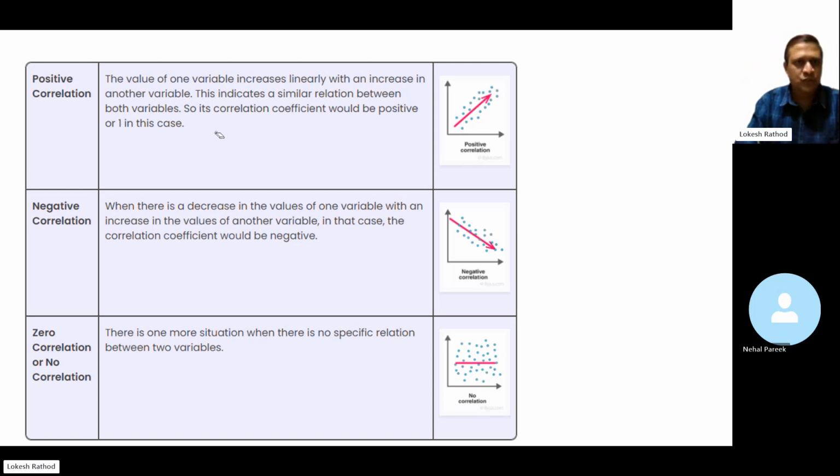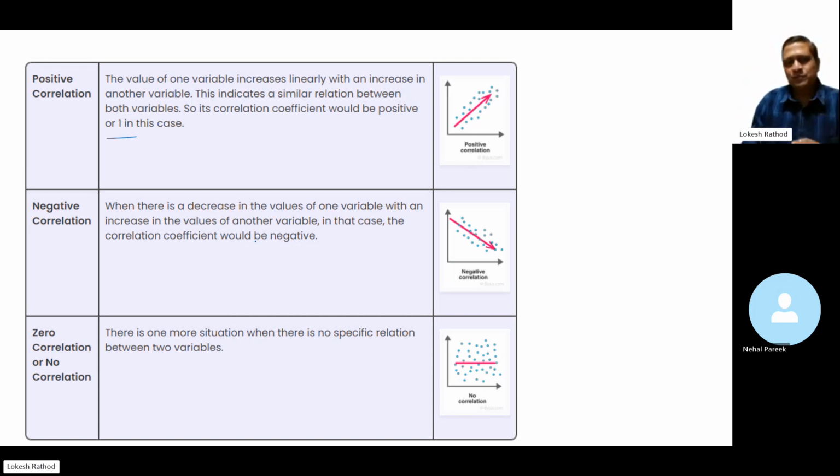So its correlation coefficient would be positive or 1 in this case. 1 means strong relationship, right? Here you can see the relationship is strong. So this correlation coefficient, if you find, will be maybe somewhere around 0.9 or 0.92 or something like that with this data. Exactly 1 you will get only when all the points are on this arrow.